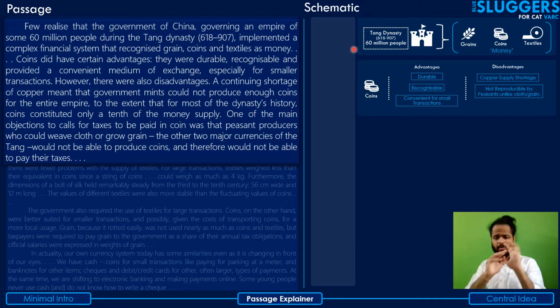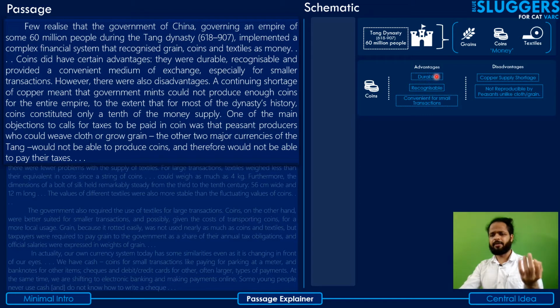So the author in the first paragraph basically starts with conveying the fact that very few people know that during the Tang dynasty, the Chinese government had deployed a complex financial system wherein grains, coins, and textiles used to represent the currencies or denominations of money. And then he goes on to talk about the advantages and disadvantages of coins.